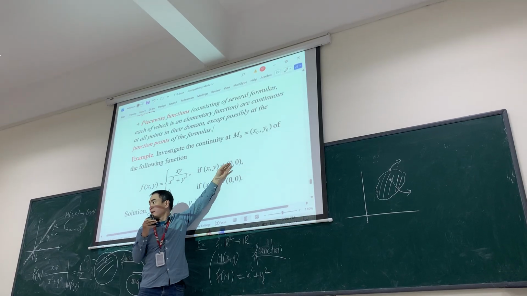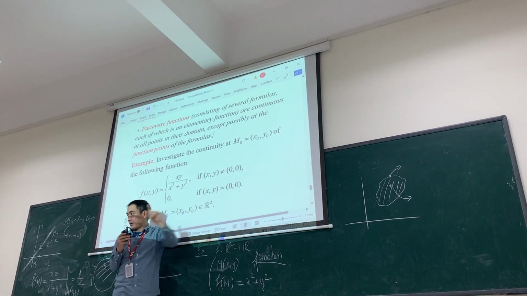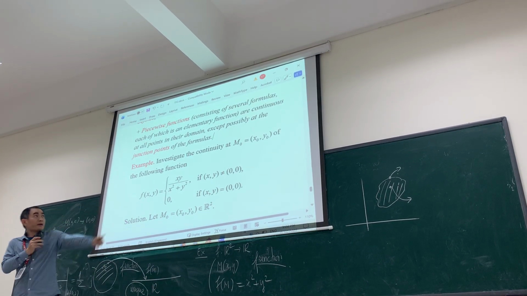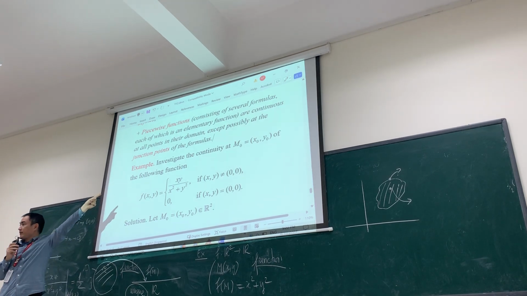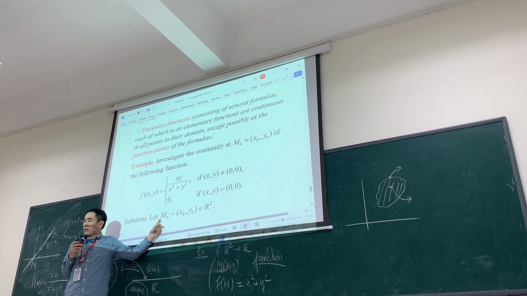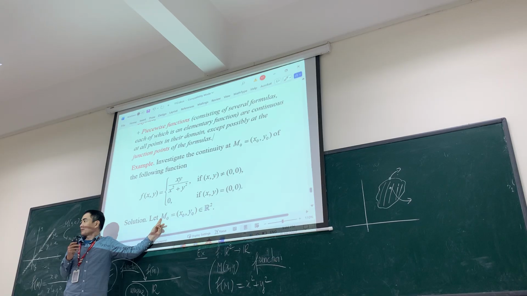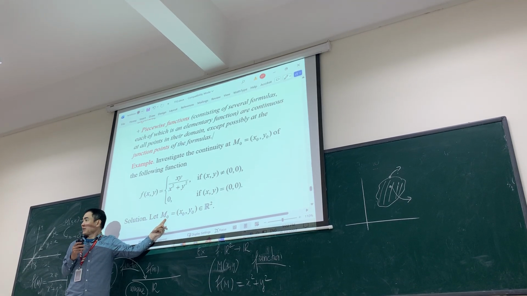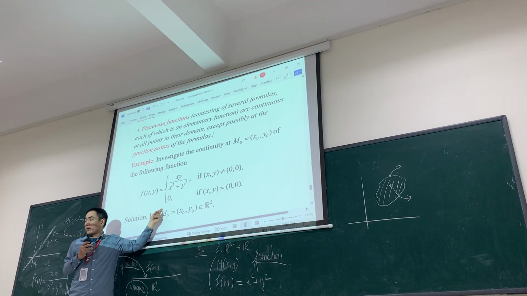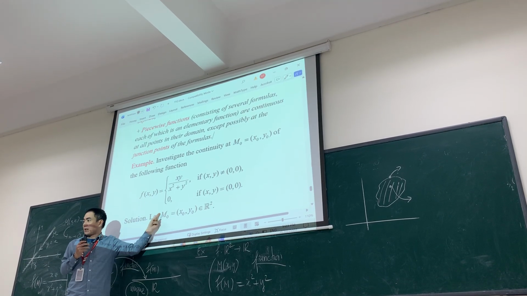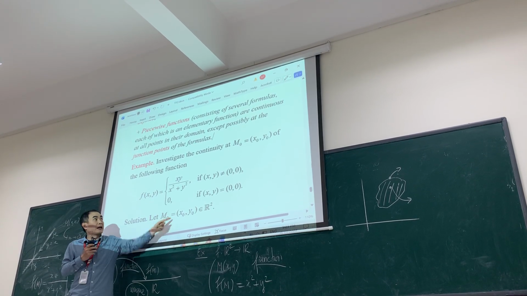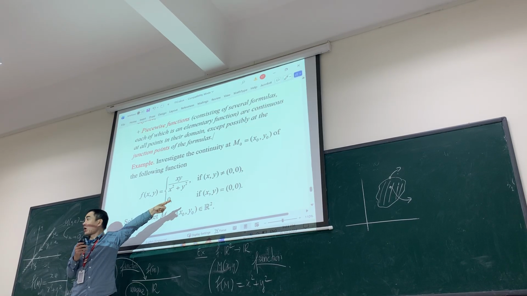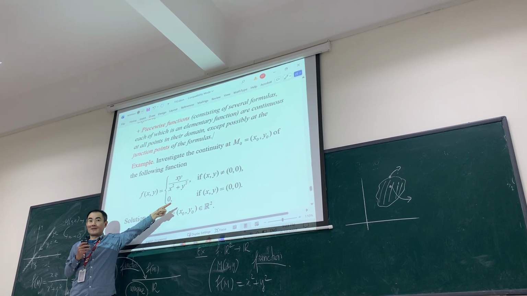If M0 is not equal to the junction point, of course the function f is continuous. So we only need to check whether the function f is continuous at M0 if M0 coincides with the junction point.